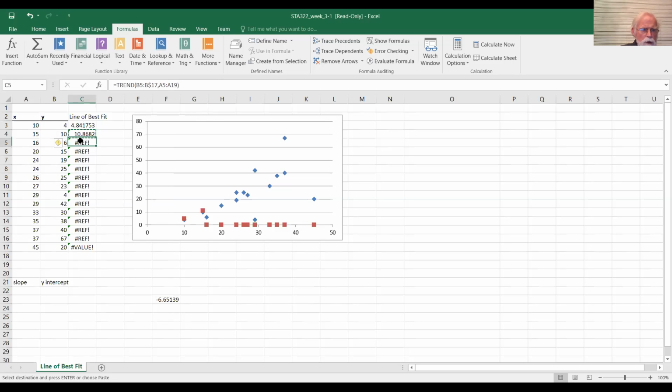What I tried to do is give values that worked. It doesn't like this either. It's not clear what it's trying to do for me. Let's try that.